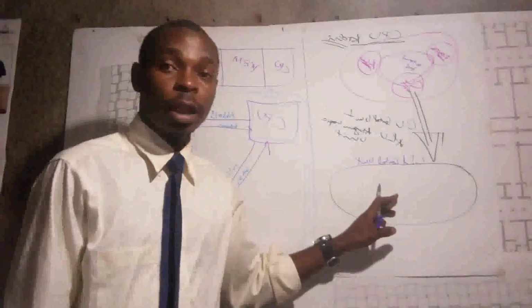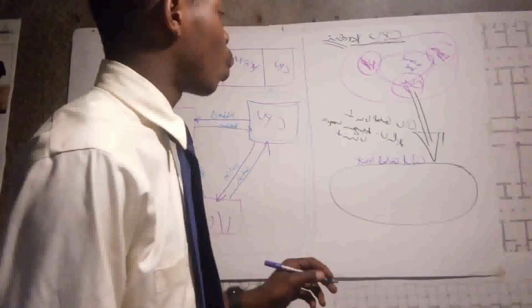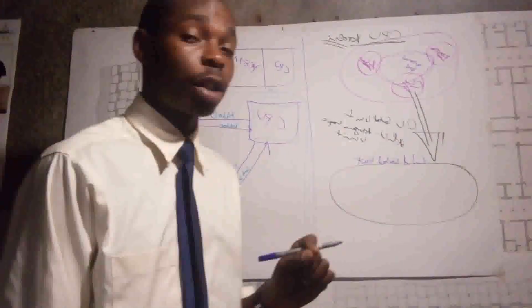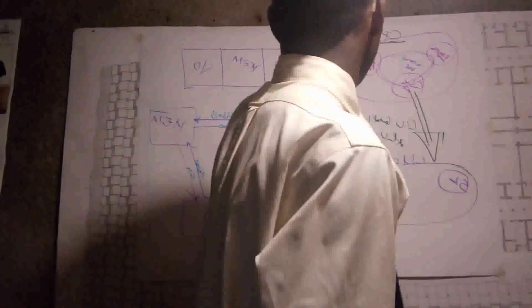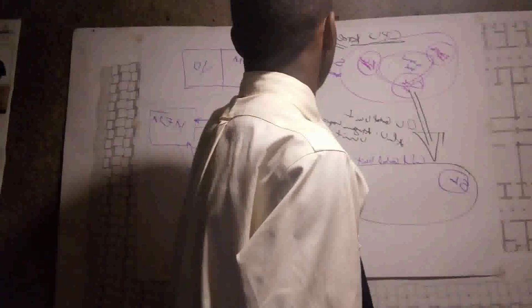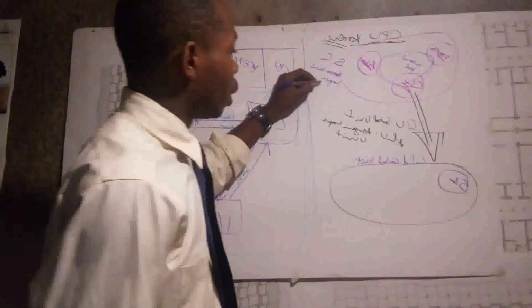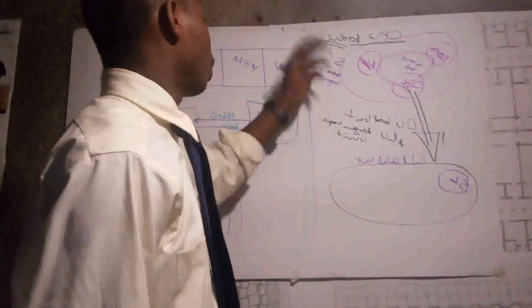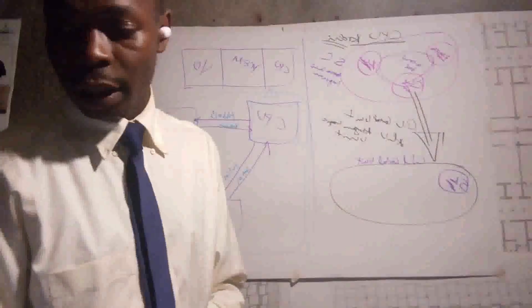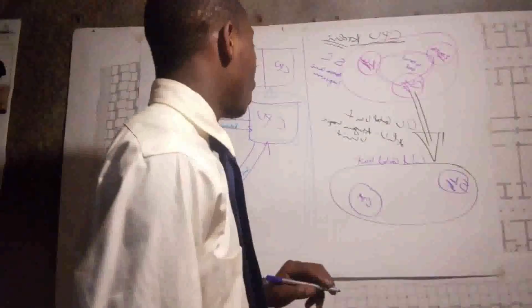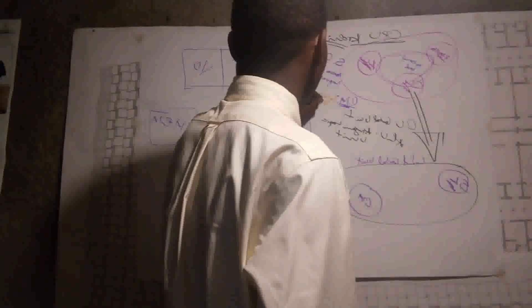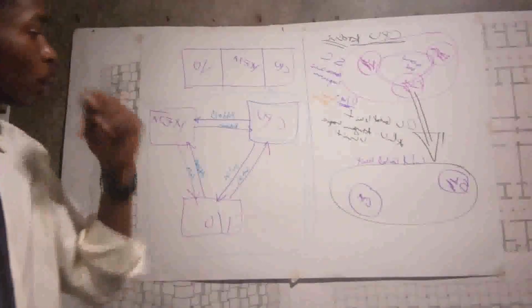Inside our control unit, we have the sequencing logic, SL, which stands for sequencing logic unit. The second part is the control memory, CM, which stands for control memory.